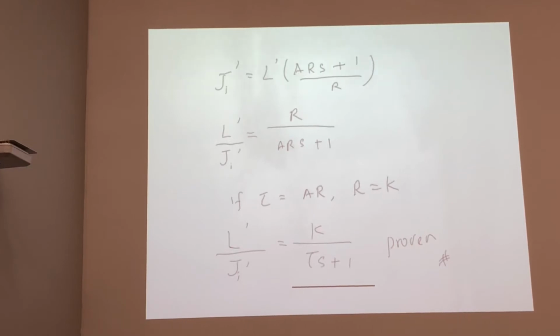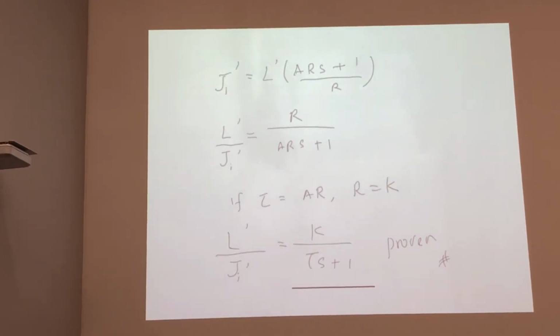We wanted to prove this equation. This is what the question said. L prime divided by Ji prime equal to K divided by tau S plus 1. Never mind, later we stay back and I'll go through it again.